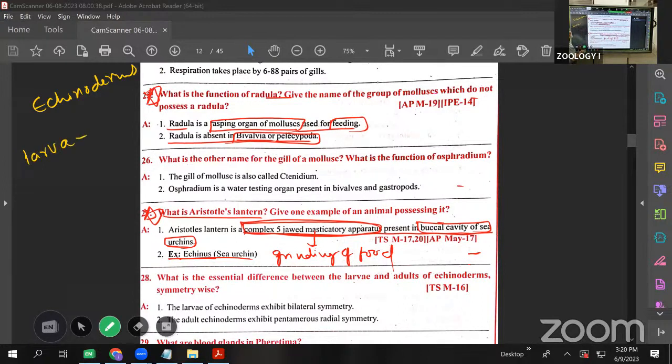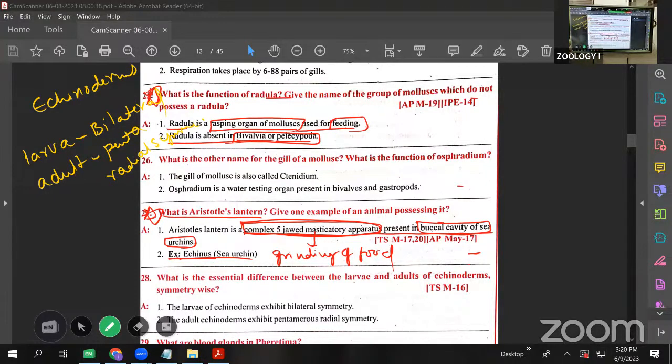Normally, triploblastic animals have bilateral symmetry. Like that, here also, the larva has bilateral symmetry. The special character is that the adult is formed with pentaradial symmetry, which is a radial symmetry.